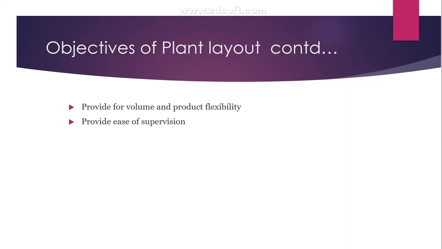Provide ease of supervision. When every system is organized, it helps smooth functioning in production, so the task of supervision becomes easier than if it is not organized. A well-planned plant layout helps us supervise smoothly.